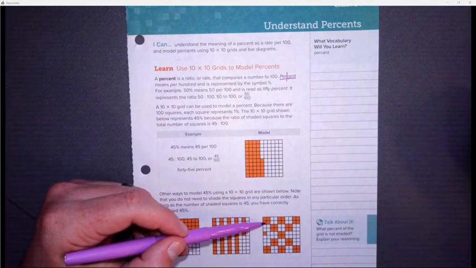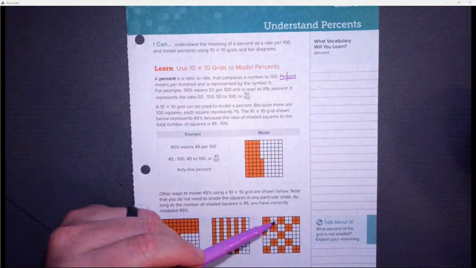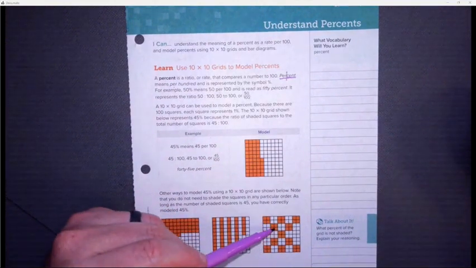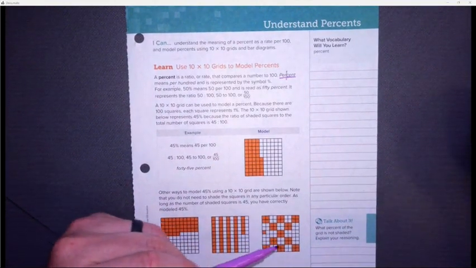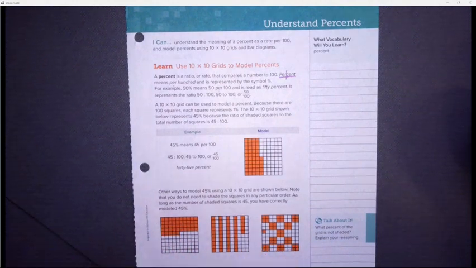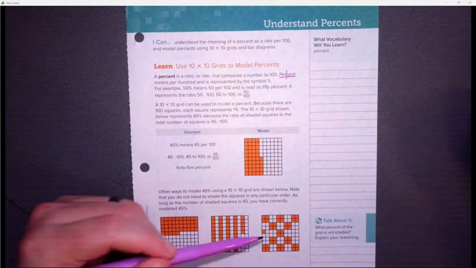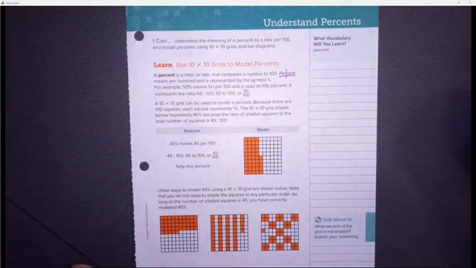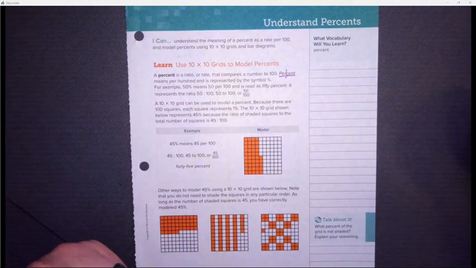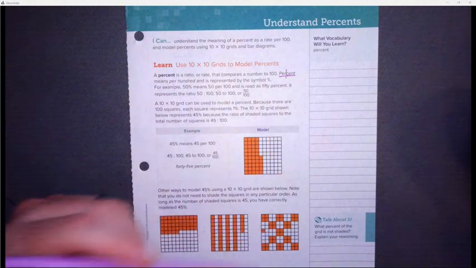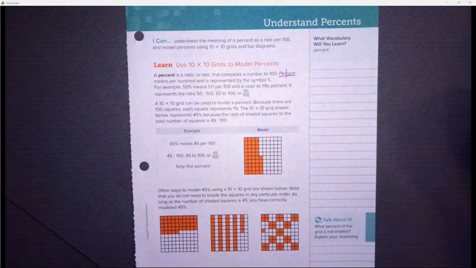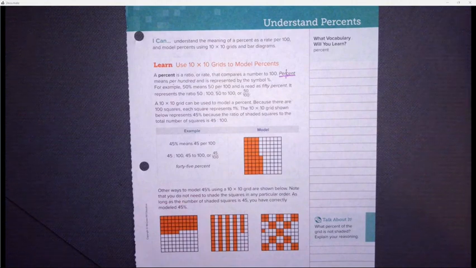In this one, we have groups of 4. We have 1, 2, 3, 4, 5, 6, 7, 8, 9, 10, 11 groups of 4. We know 11 times 4 is 44. And then we have this lonely one over here. So 44 plus 1 is 45. So all 3 of these at the bottom are additional ways that we can represent 45% using a 10 by 10 grid.